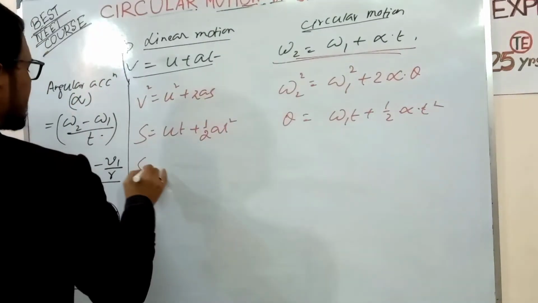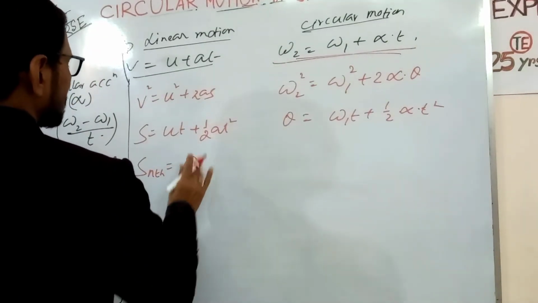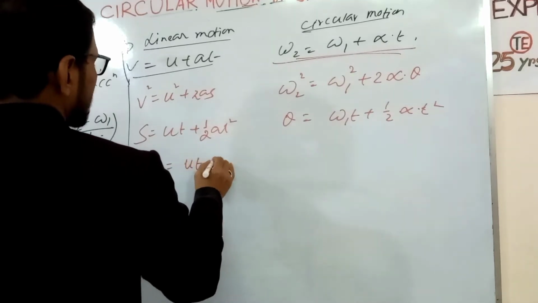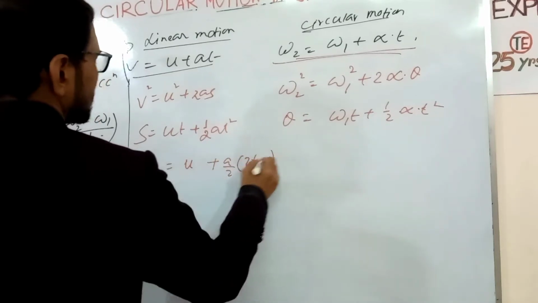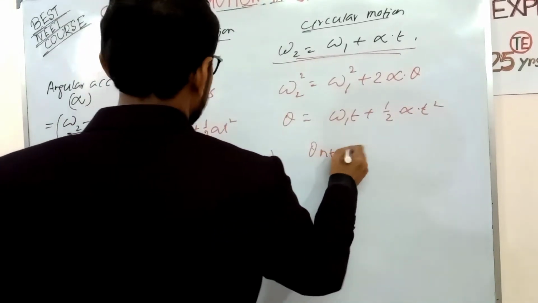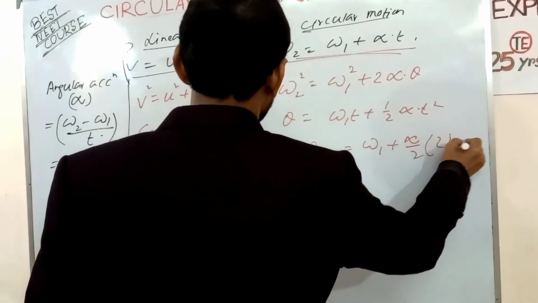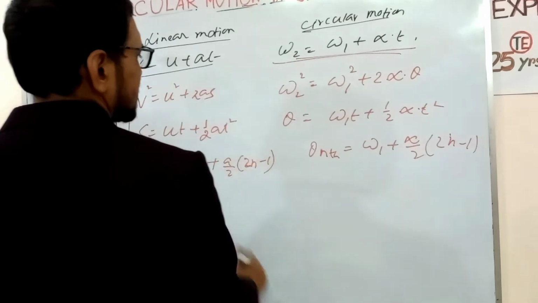Now s nth means distance traveled in nth second, which is equal to u plus a by 2 into (2n minus 1). This is theta n equal to omega 1 plus alpha by 2 into (2n minus 1). So here n is denoted n.